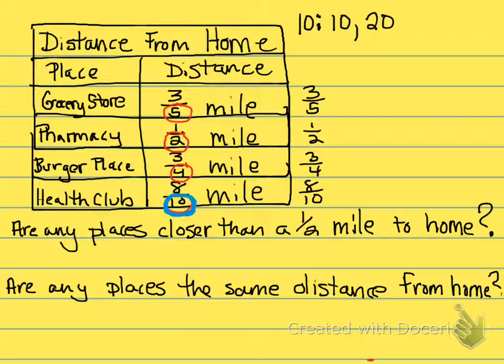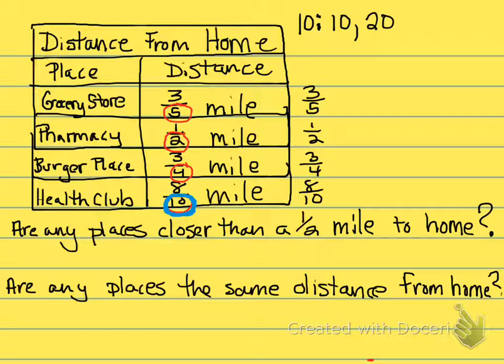Wait, let me back up. 4 is not a factor of 10, therefore 10 is not a multiple of 4. Now I'm on 20. If I look at fifths, I know that 20 is a multiple of 5. If I look at halves, I know that 20 is a multiple of 2. If I look at fourths, I know that 20 is a multiple of 4.